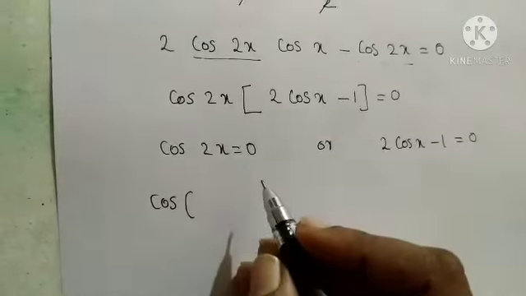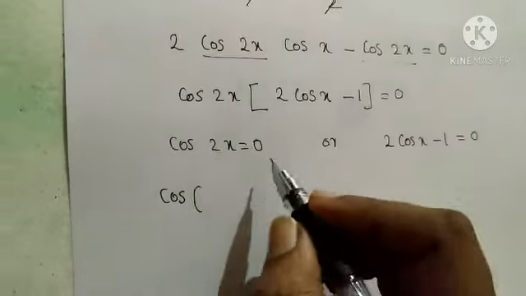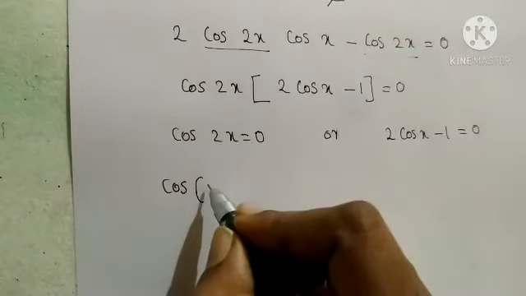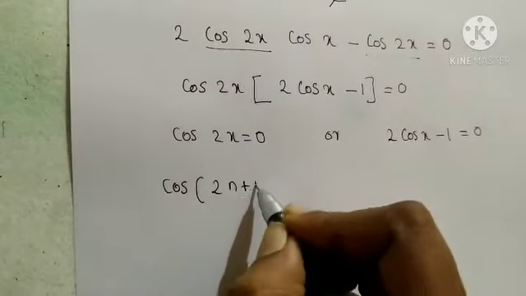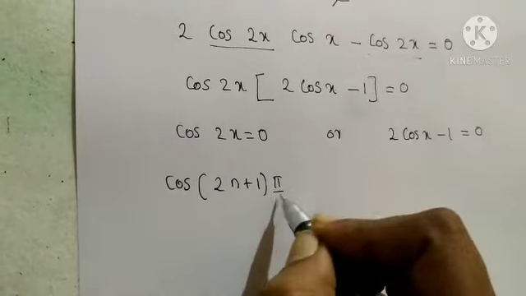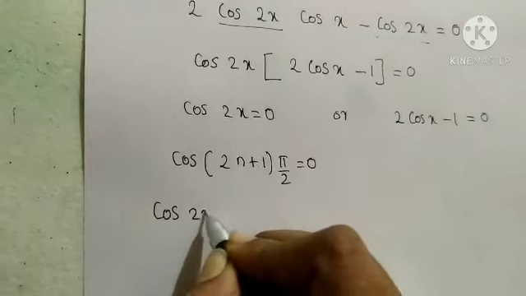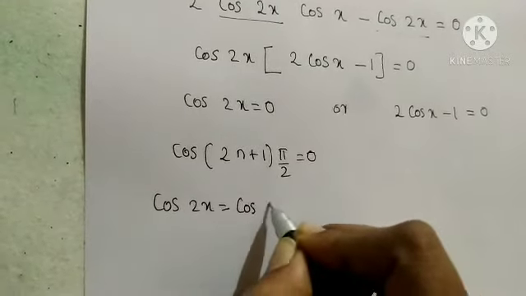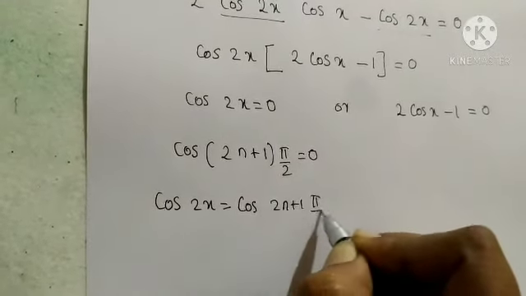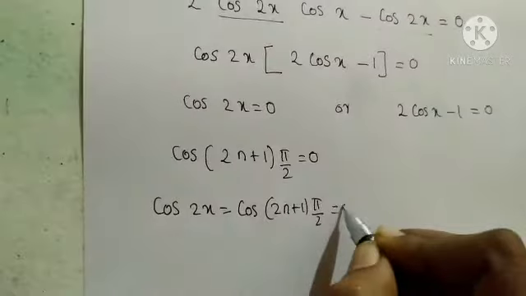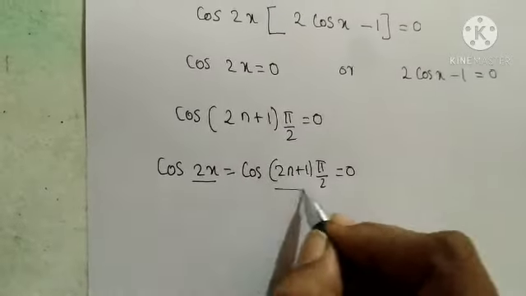Here, cos 2x equal to 0. We know that cos (2n plus 1) pi/2 is equal to 0, right? So equating both, cos 2x equal to cos (2n plus 1) pi/2.